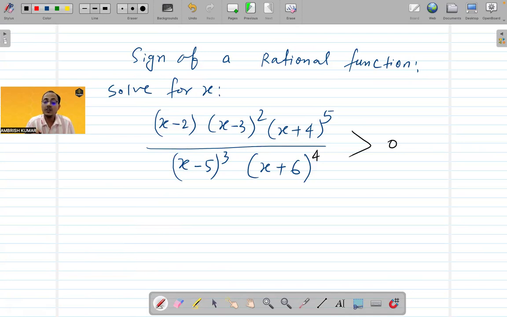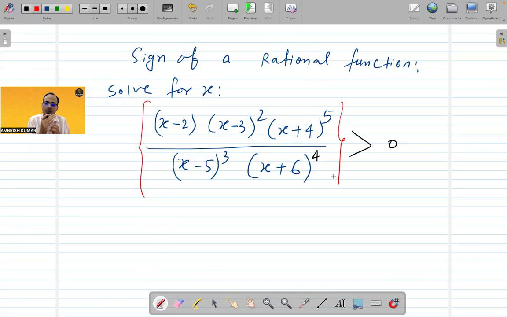So look, what do we mean by solving for x? We have to find those values of x for which this complete expression becomes a positive number. Look, in this expression, you can put x as 5, 10, 12, 13, 14, minus 10, minus 7. There are many values of x.